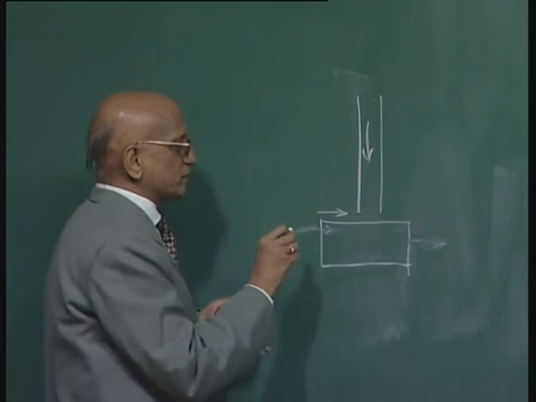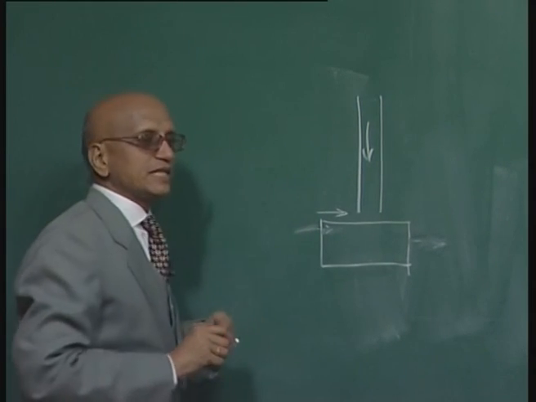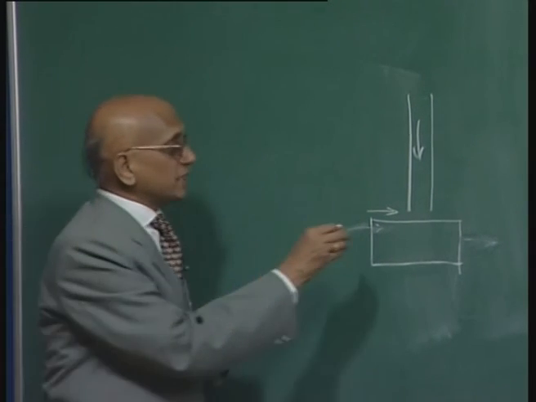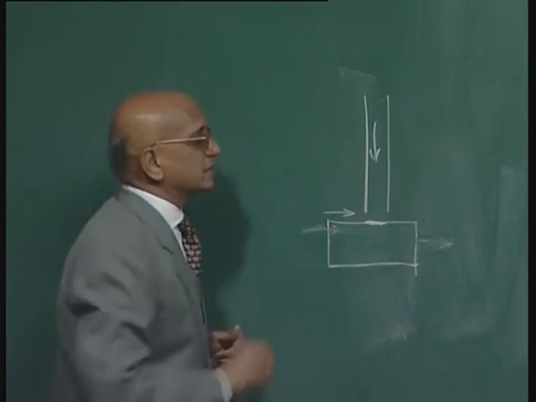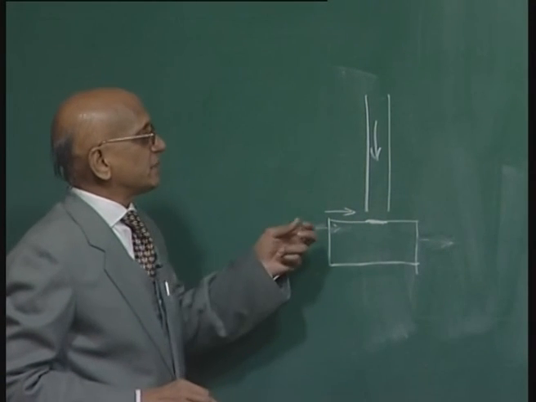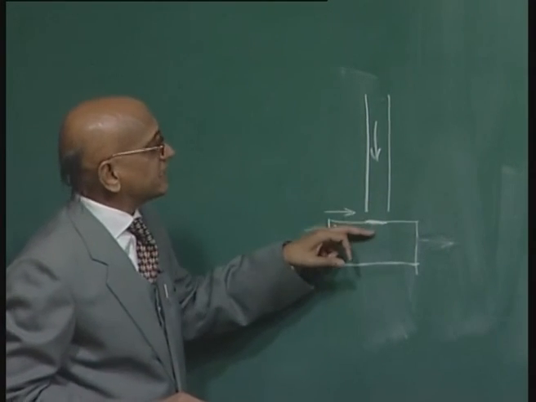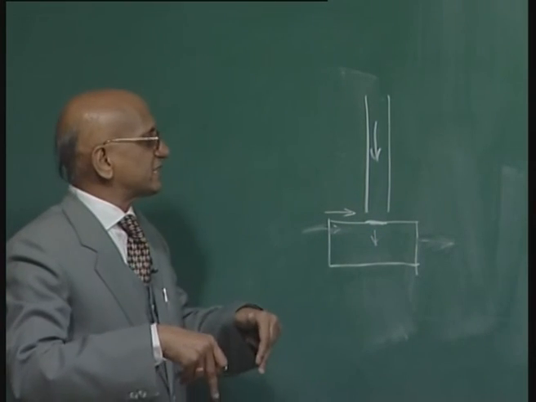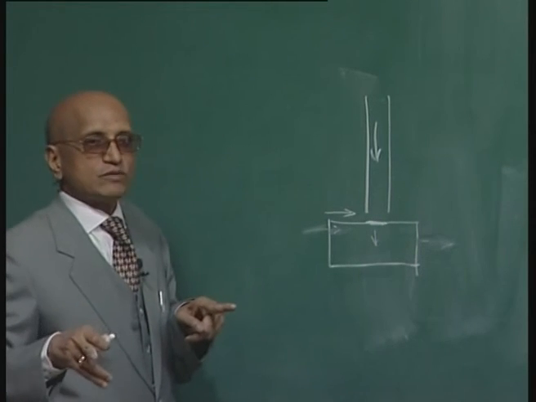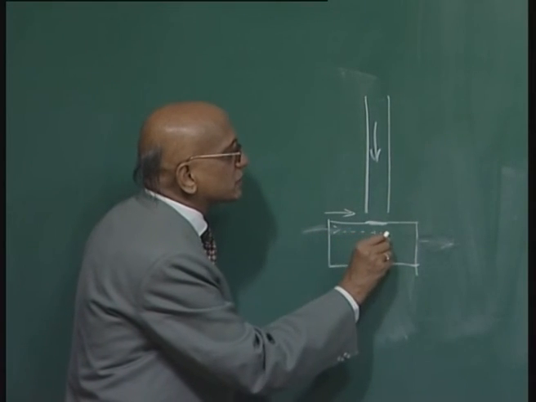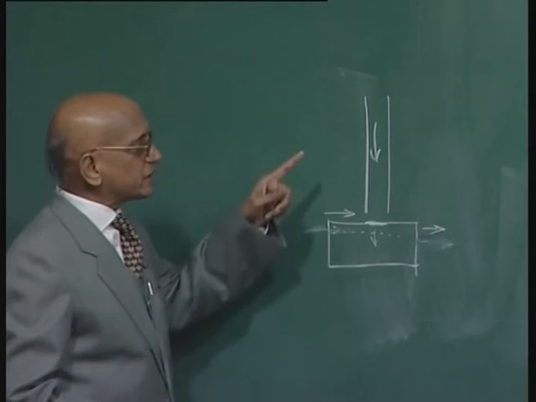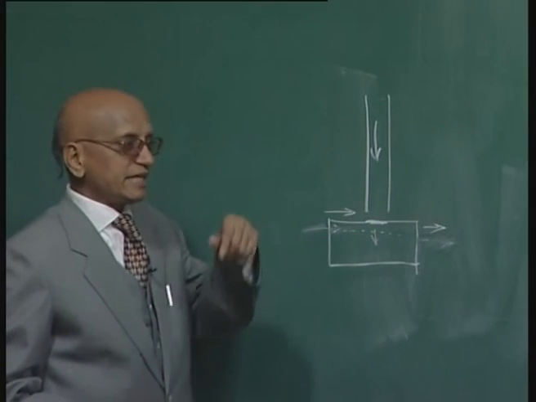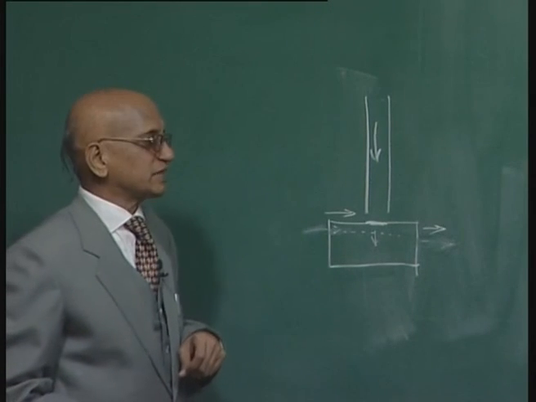So, the relative motion between the abrasive water jet and the workpiece decides the total depth of cut in a given time, because suppose we are considering this particular area, then depending upon for how long the jet is here, it will keep penetrating. If it is for very long, it will keep penetrating deeper and deeper. If it is for a very short period, then it may penetrate only up to this length and go out. So, the traverse rate is very important in deciding the depth of penetration or machine depth.